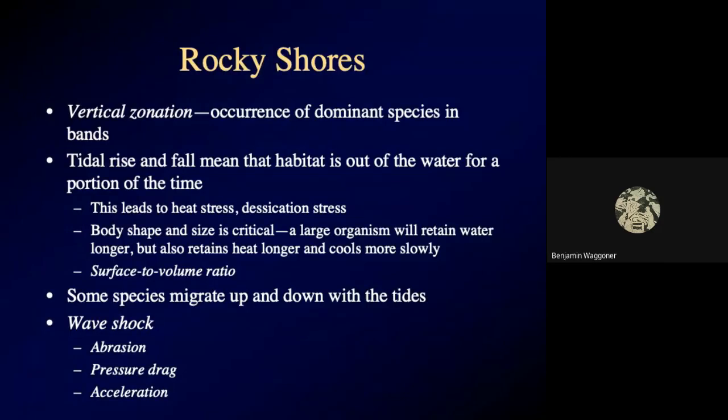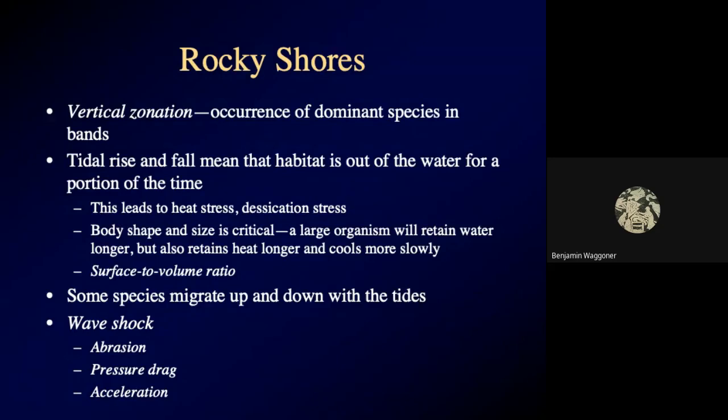And what you see as you explore a rocky coastline is what we call vertical zonation, which means that species tend to dominate particular bands, particular zones as you go from the high intertidal towards the low intertidal. That said, species that can move will migrate up and down with the tides.